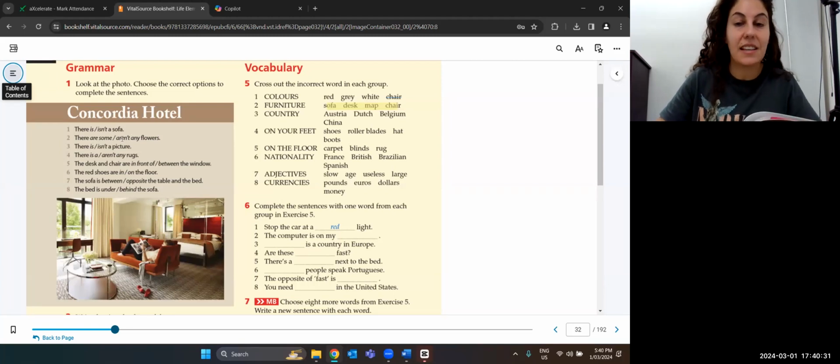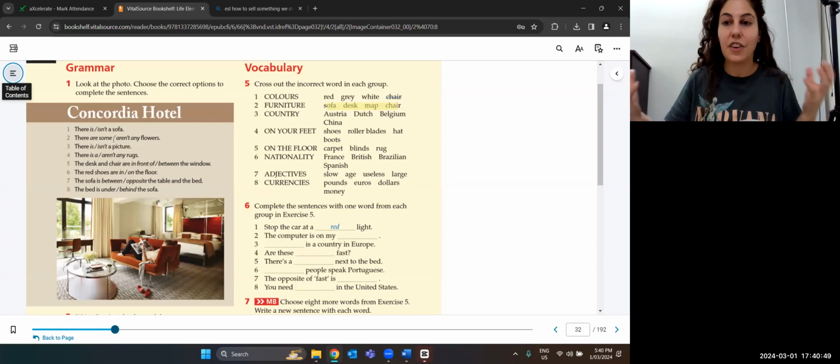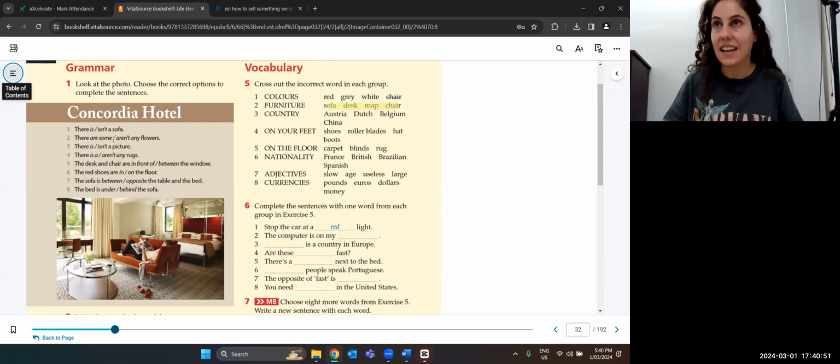And we can see there is that verb to be in the negative. But do you see any flowers? I do, on the table. So I don't want to say there aren't any flowers. I want to make a positive sentence. So I say there are some flowers. So they're the opposite. If you have a negative, you say there aren't any pens, or whatever, or the opposite, there are some.